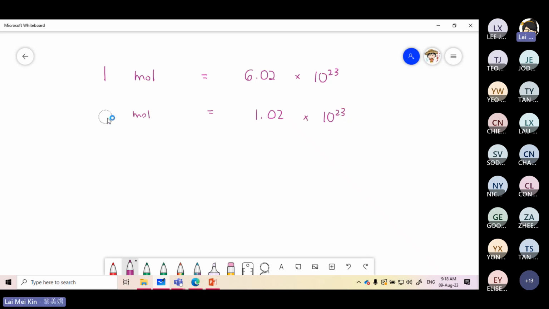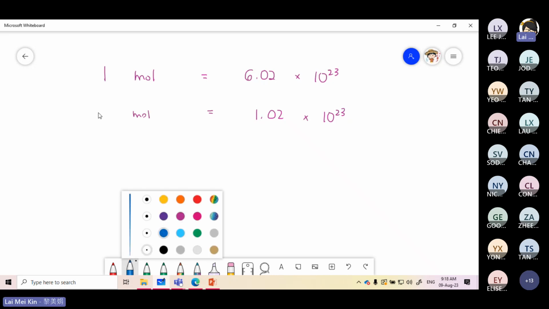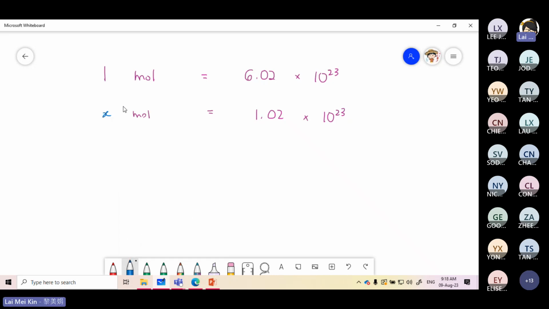This, how many moles, you can put as unknown x. This is mathematics. When I give you a certain amount, how do you calculate this value x? You can cross multiply, and then you will get x. What is x? I don't want the answer, I want the working. How do you get x?